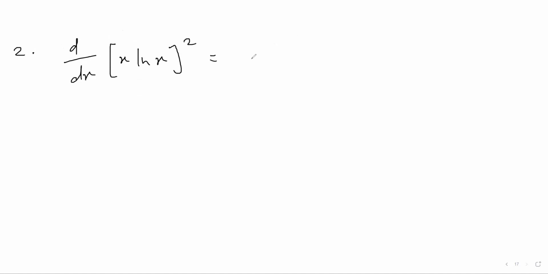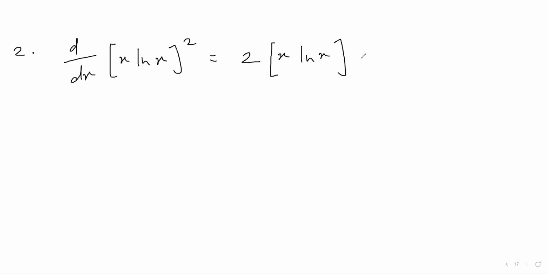Now, again, power rule, because we have a function to the power of some number, in this case 2. So we put 2 in front, and we multiply the 2 by x ln x to the power of 2 minus 1. Now, 2 minus 1 is just 1, so we can just leave out the 1 because it's the same thing.